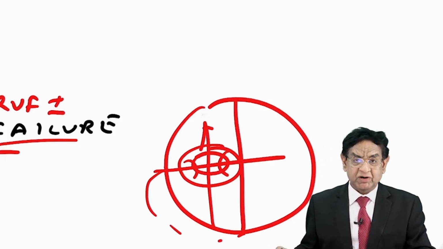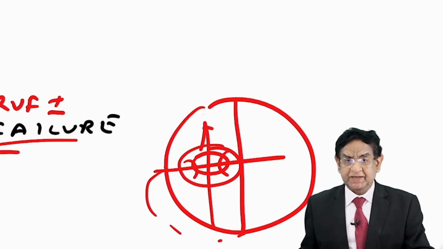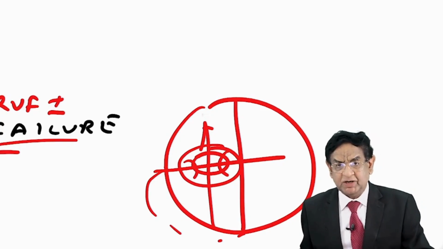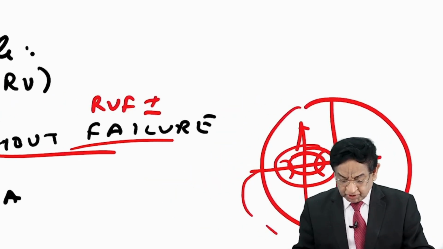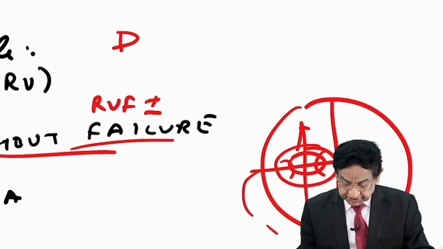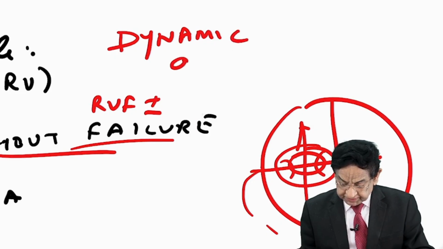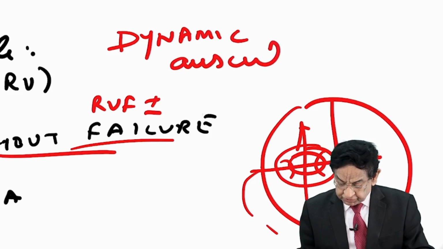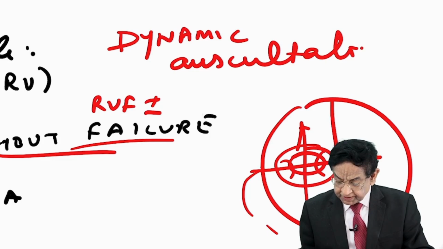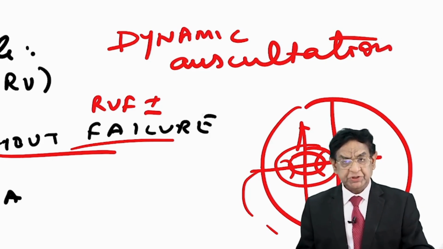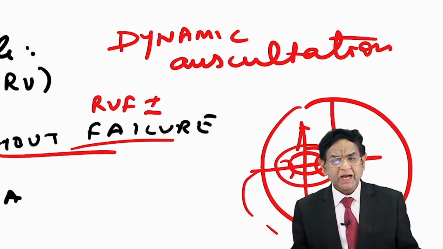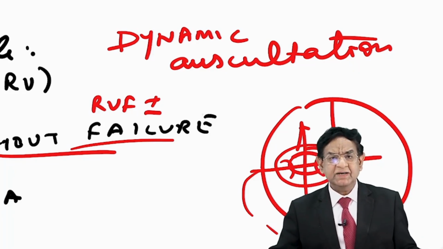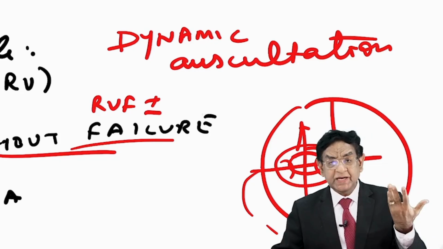Now the million-dollar question is how to differentiate. Both MR and TR are pansystolic murmurs. And now comes the use of dynamic auscultation. In such a scenario, how will you think that you are dealing with a murmur of TR?